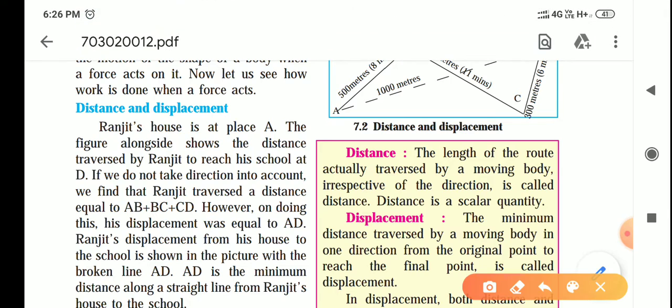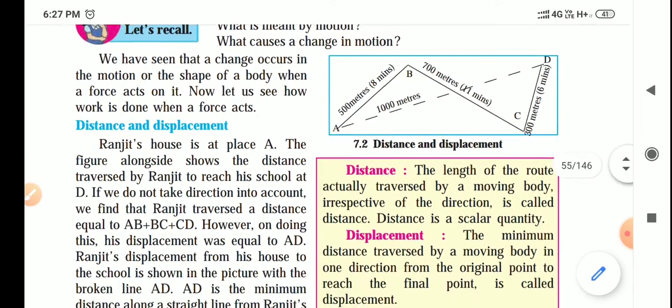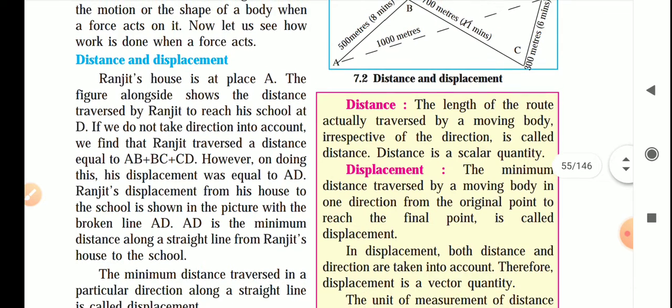Let's read the definition one more time. The minimum distance traversed by a moving body in one direction from the original point to reach the final point is called displacement. So in this case AD will be the displacement.